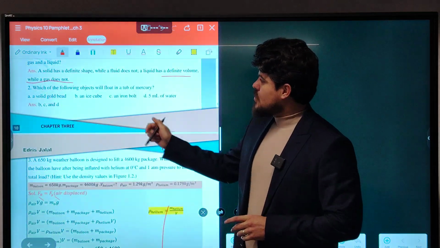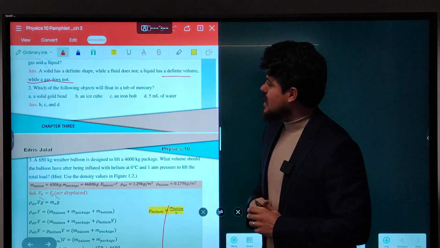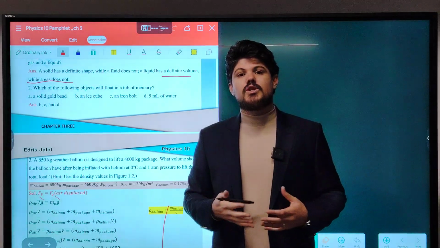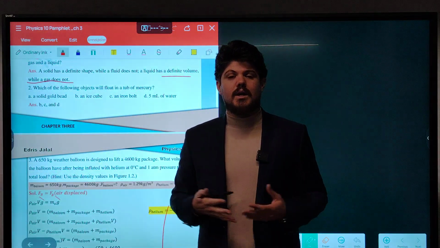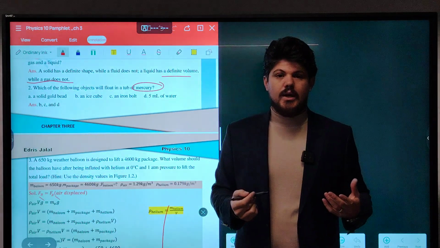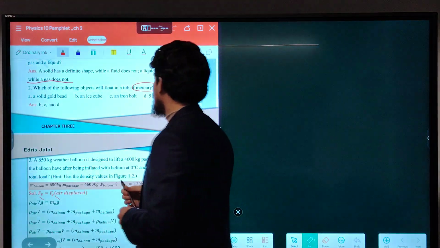Question 2: which of the following objects will float in a tub of mercury? To determine which object floats in the tub of mercury, what is the type of the fluid here? It is mercury, so you have to know.